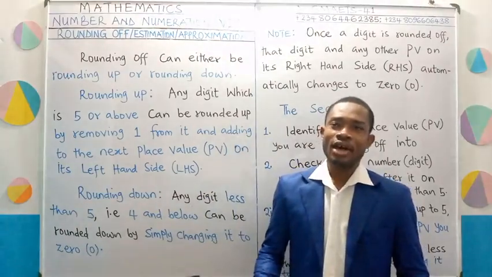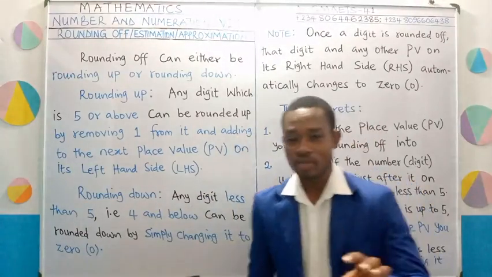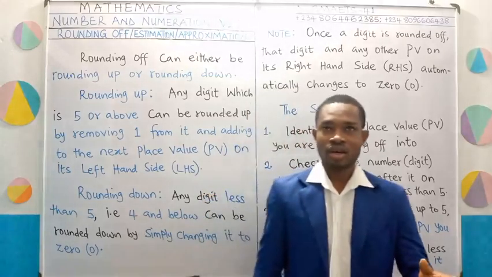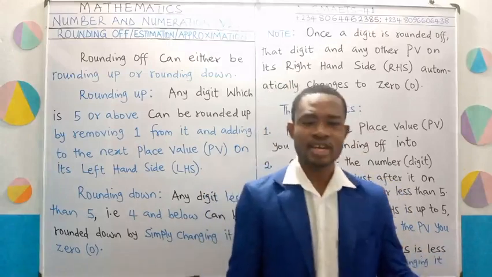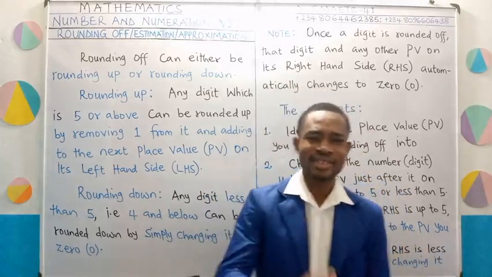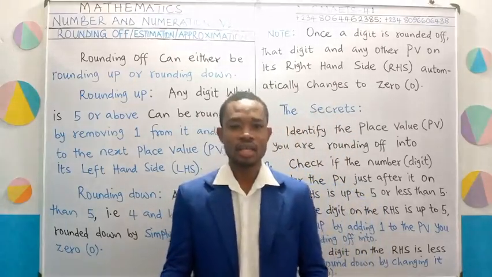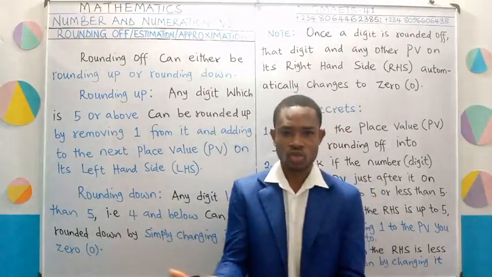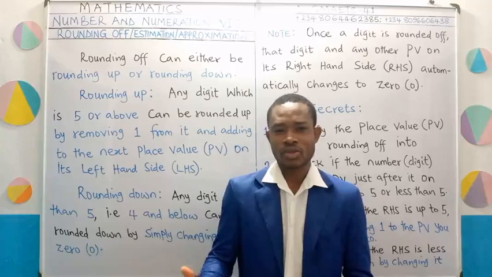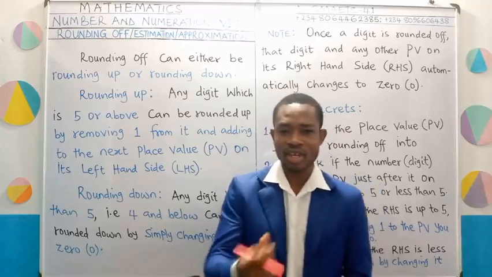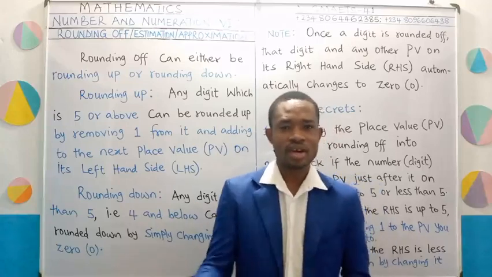What if the amount of money that my invisible customer was to pay was 5,723 naira? Sadly, we no longer make use of coins so much, and of course it will be difficult for the customer to get in cash that 3 naira.